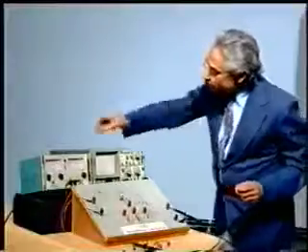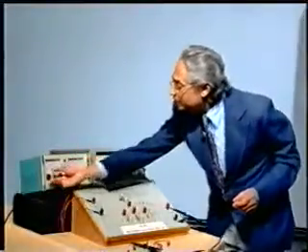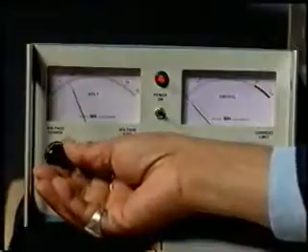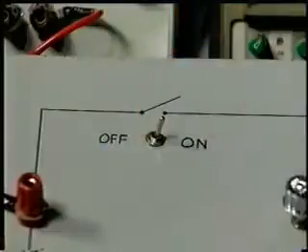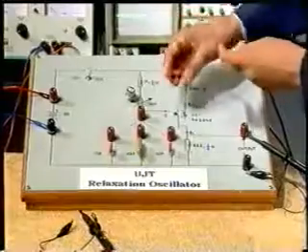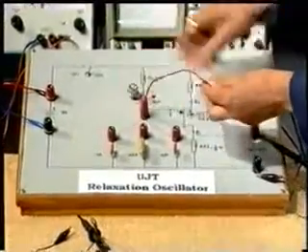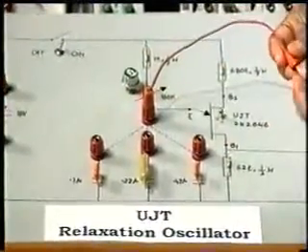Suppose the CRO is switched on, power supply is switched on, and let me fix 10 volts here. 10 volts have been fixed. Now you see I am going to use first 0.1 microfarad capacitor.